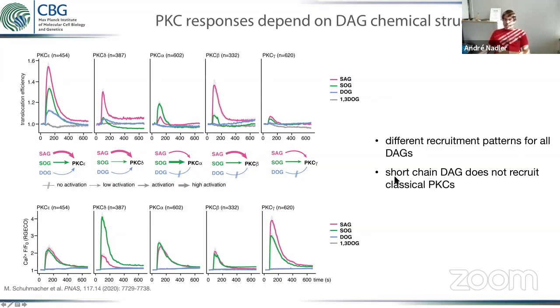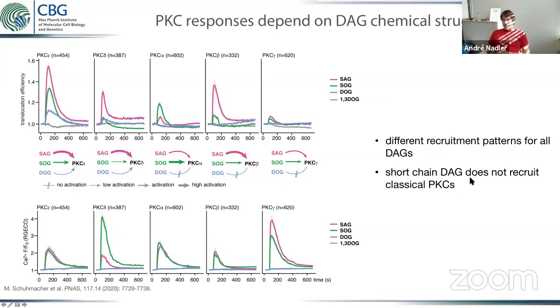And then the second thing is that the short chain analog, dioctanoyl glycerol, which is a commonly used tool in cell biology, in our hands, when you uncage the exact same amount as for the long chain lipids, doesn't recruit classical PKCs at all, and it doesn't induce calcium transients.